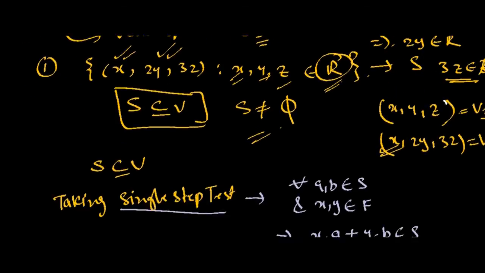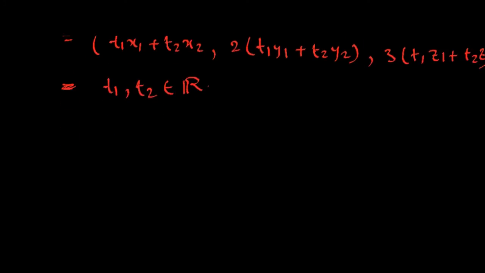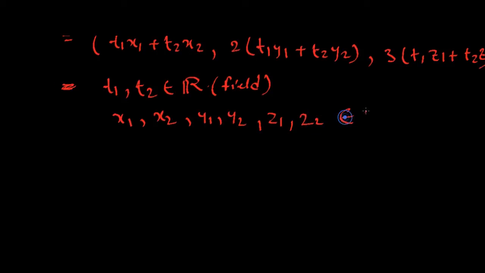So we know that t1, t2 are from R, our field, and we know that x1 and x2, y1 and y2, z1 and z2 are also from R.